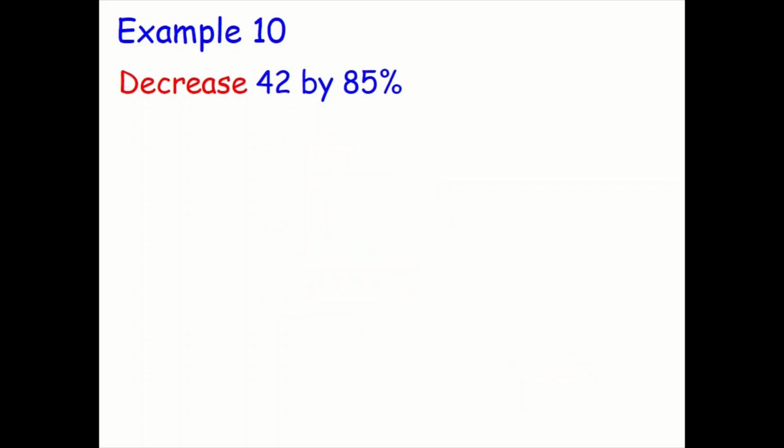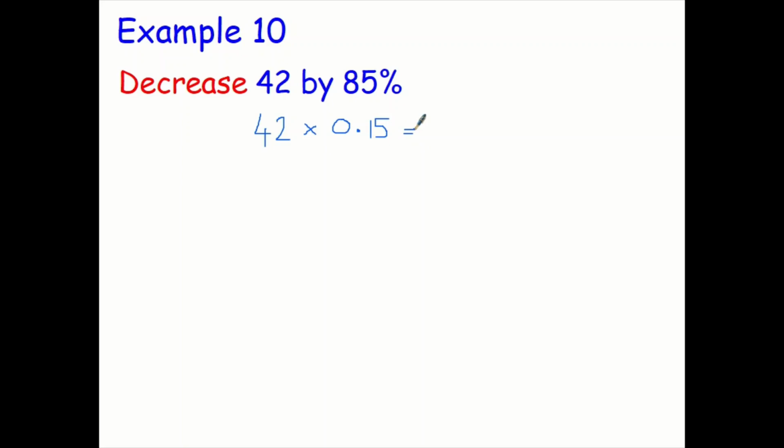Okay, example 10, final example. It says decrease 42 by 85%. So I'm going to do 42 multiplied by 0.15, because if I'm decreasing by 85%, I'm basically finding 15% of the remaining amount.